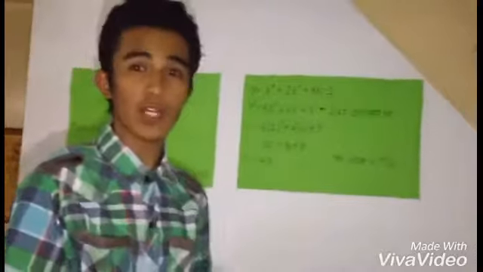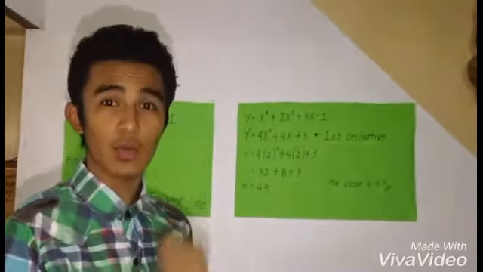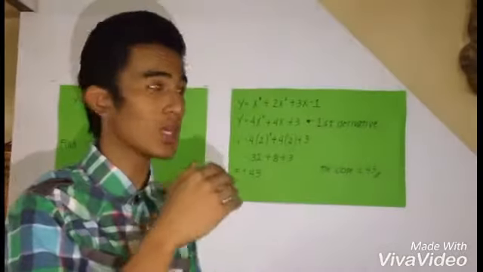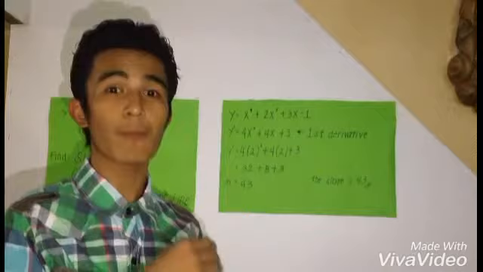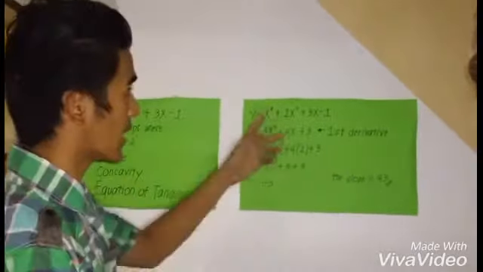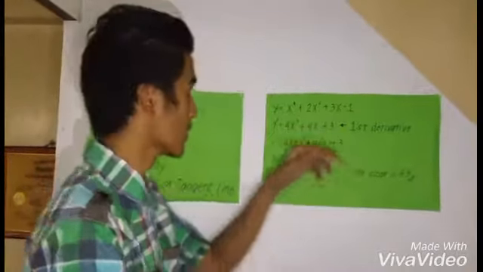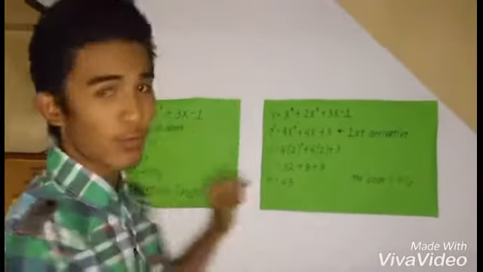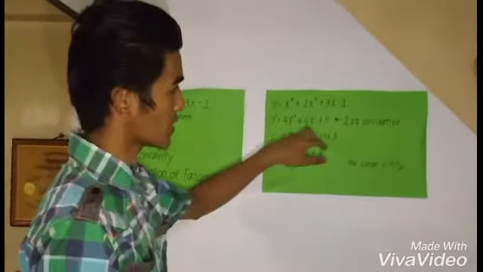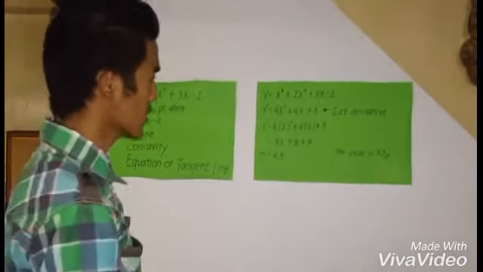For the slope, we have to get the derivative of the given equation. We have many ways to get it, but a primary way is the power rule, where the exponent will be multiplied by the numerical coefficient and the exponent will be subtracted by 1. So the derivative of y is 4x raised to 3 plus 4x plus 3, and that is y prime.